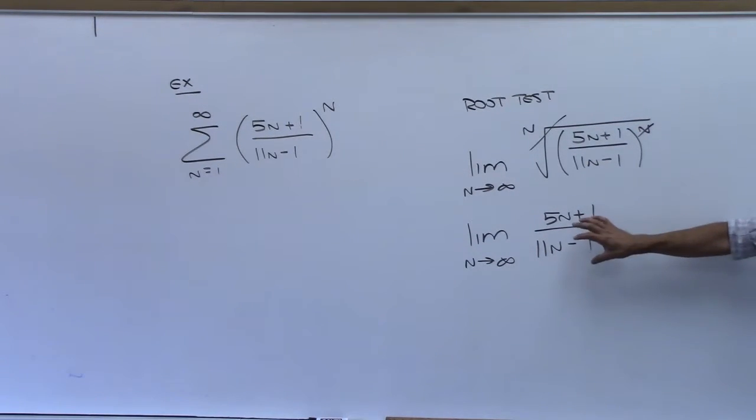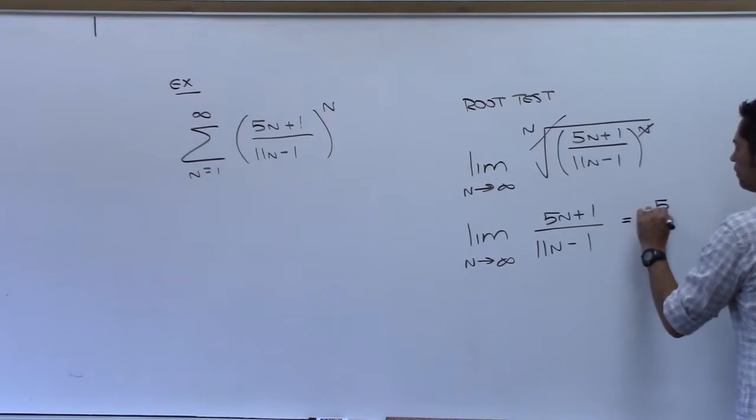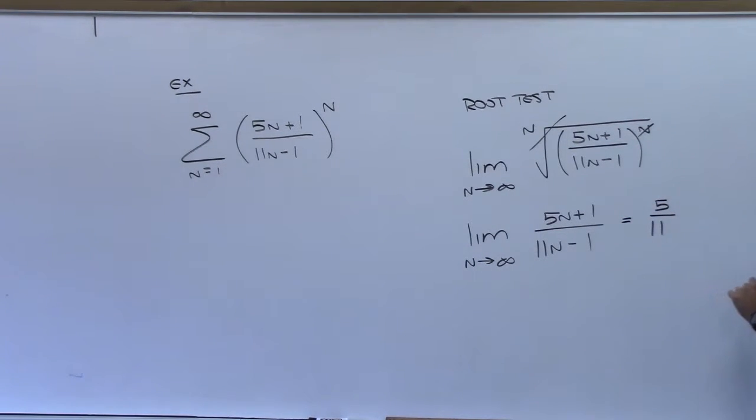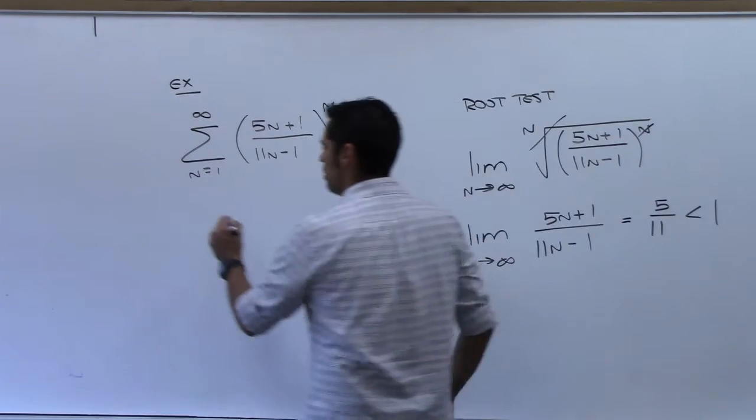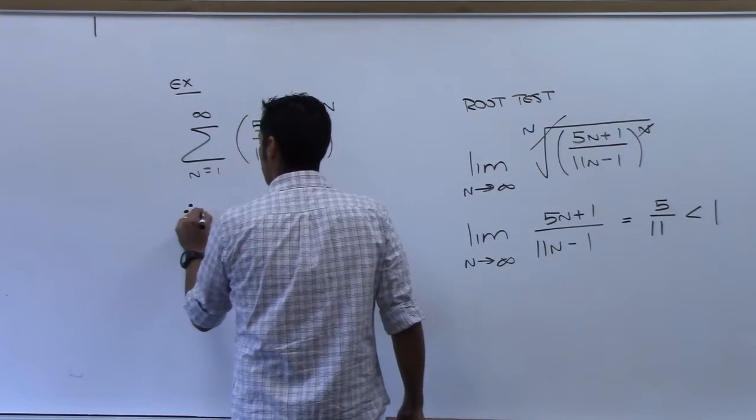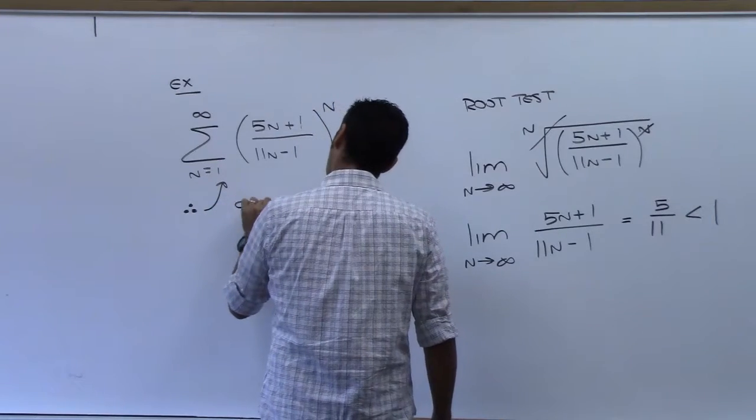We're just taking a limit, and we get infinity over infinity. So L'Hopital once, and you'll get 5 over 11. And that number is less than 1, right? Which means that this series converges. So therefore, this up here converges.